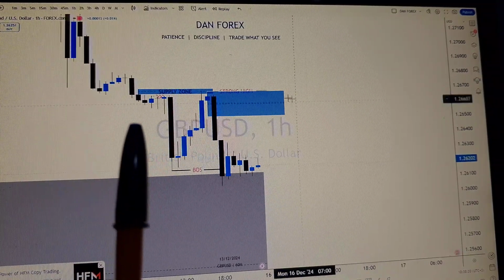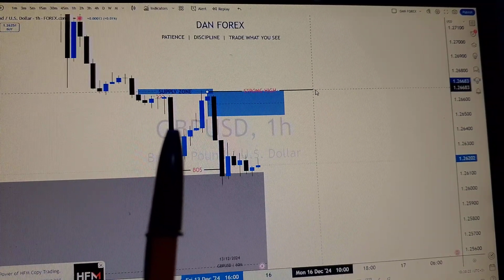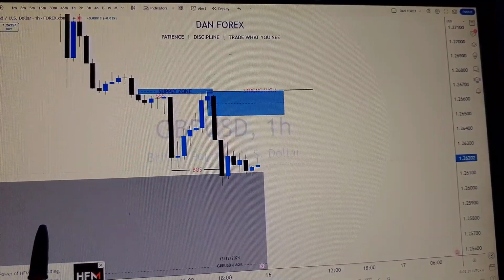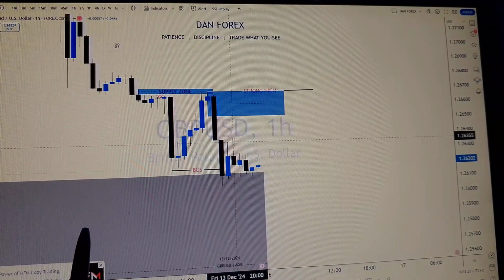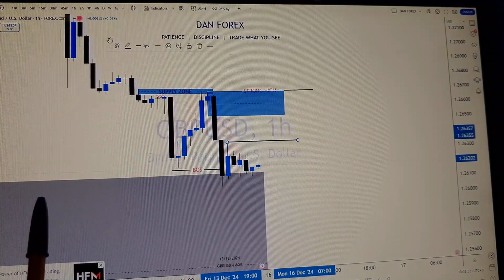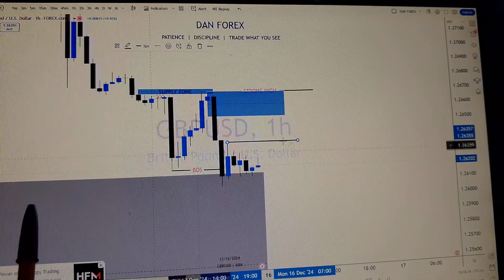That candle has an imbalance, and we're going to take the high of this candle as an area of inducement, so we expect it to be taken out.